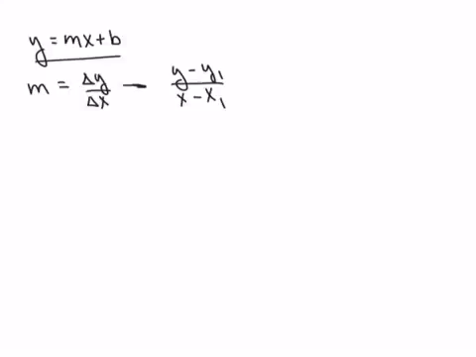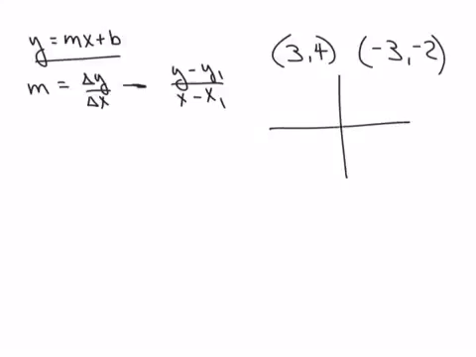Okay, so if I have 2 points, that point and that point, and I want to know the slope of the line that connects those, so I've got my graph here, and (3, 4) is here, (-3, 2) is here, and I want to find out what the slope is that connects those. How do I do that?